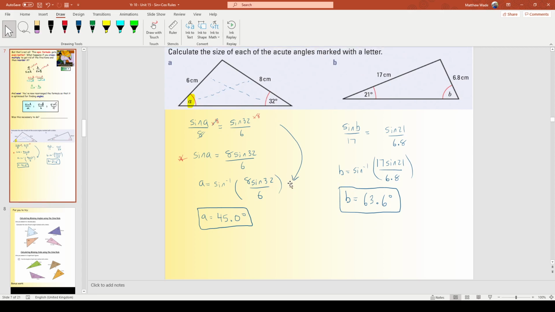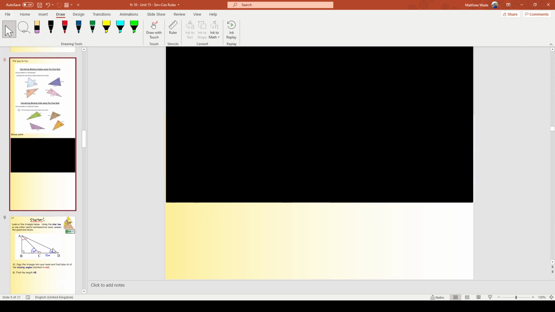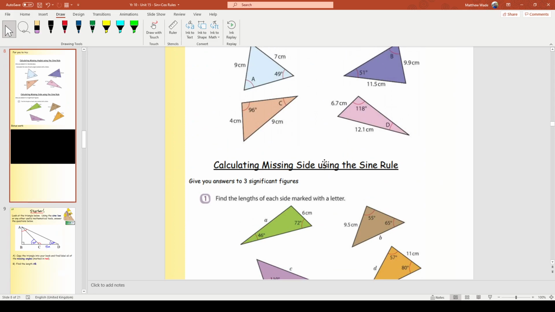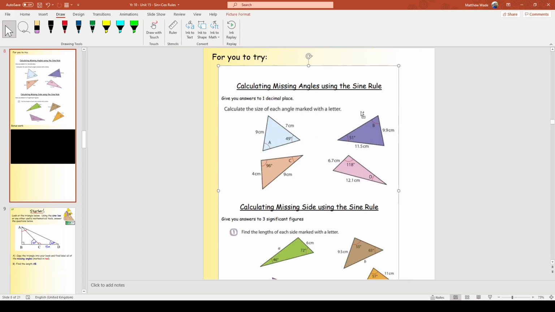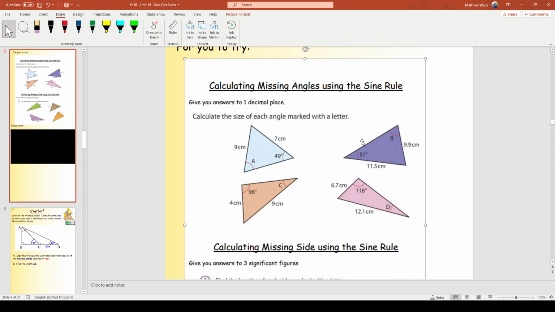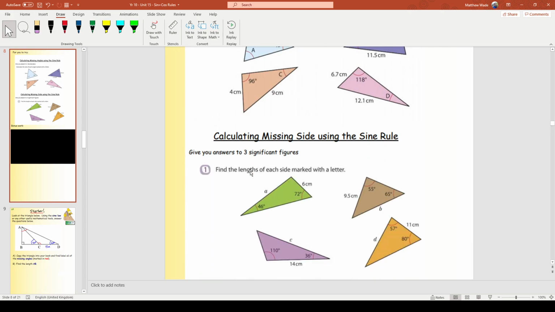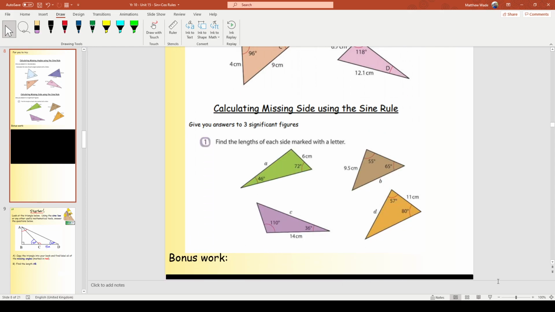Here's what I'm going to get you guys to do. Just not super challenging or anything like that. I just want practice. I've made you this sheet and I've attached it onto Show My Homework and onto the Google Classroom. I just want you to find the missing angles using sine law, exactly the same as we just did. So 4 questions on that, and then 4 questions on finding sides, okay?